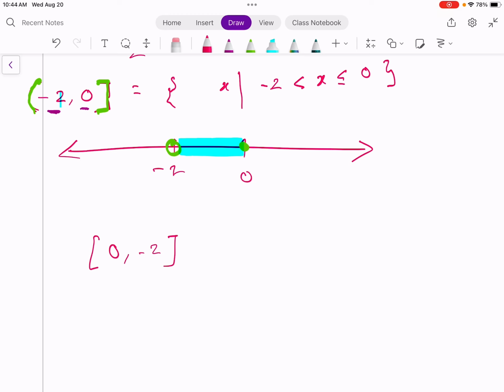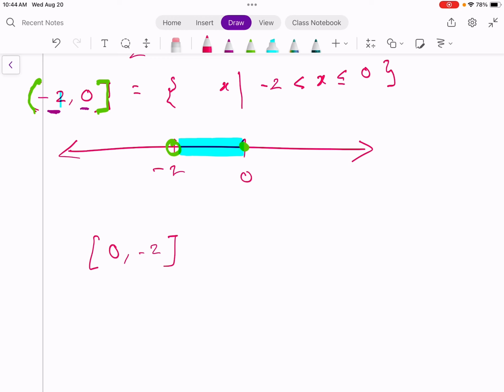Can you think of a number which is greater than equals to 0 and less than equals to -2? A whole number? Yes, any number, decimal, whole, fraction, whatever, but it has to be greater than 0 and less than -2. There is no number, right, which is greater than 0 and less than -2.